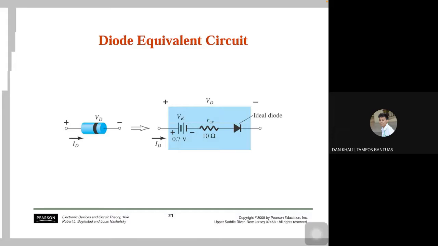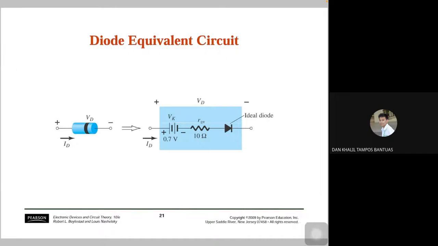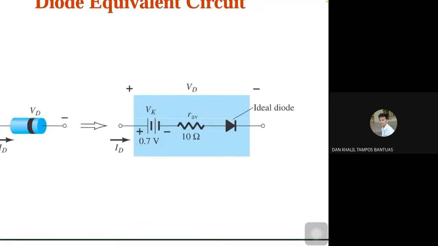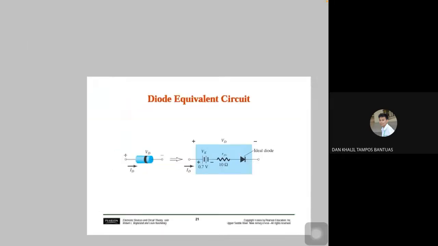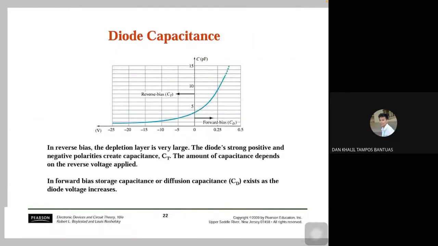Because of the resistances, this is one of the diode equivalent circuits. And instead of using just an arrow, we can replace it with a battery and resistance, RAV, or average resistance, in this case 10 ohms. Because of the internal barrier of our diode, as I mentioned earlier, a capacitance builds up.